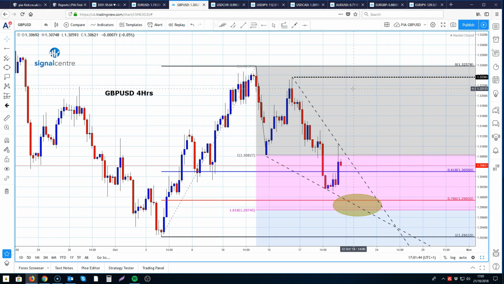Remember what we're expecting to happen in the dollar index. We're expecting rallies to be sold in the dollar index, so we're expecting dips to be bought in sterling dollar. I think around 130 the figure, if we can get down there, is going to be a very decent support level, especially with this Fibonacci confluence area coming in here, 78.6% pullback and a 161.8% extension.